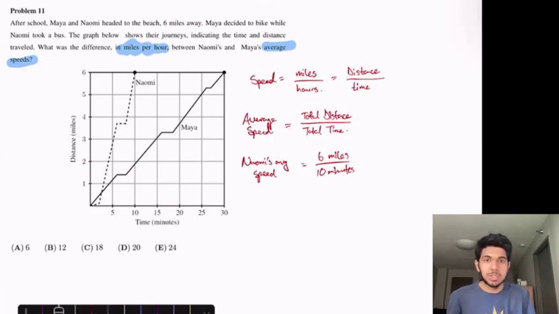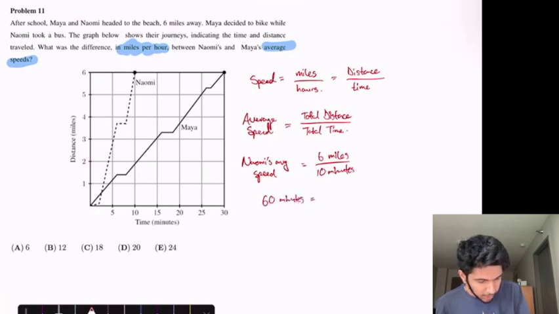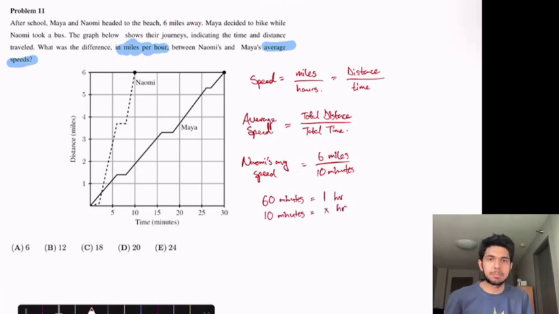One thing we can do is change the minutes in the denominator to hours. So we need to figure out how many hours is 10 minutes. Well, we know that 60 minutes equals 1 hour, and we're saying that 10 minutes is going to be equal to some amount of hours, we'll call it x.